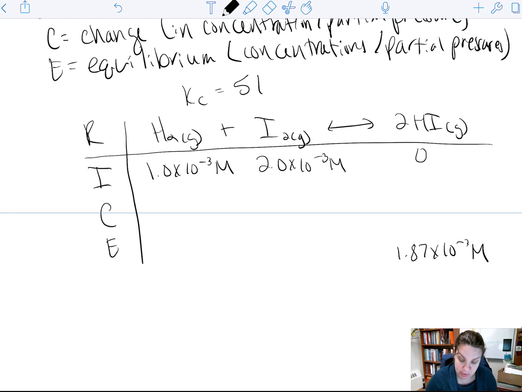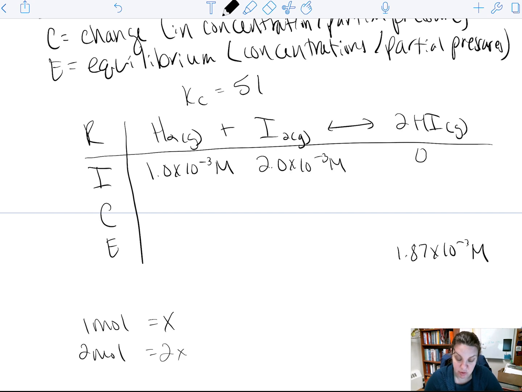So how we would use this table is our change, we're going to use x's. Anytime we have 1 mole of a substance, we're going to call it x. 2 moles, 2x. 3 moles, 3x, and so on.